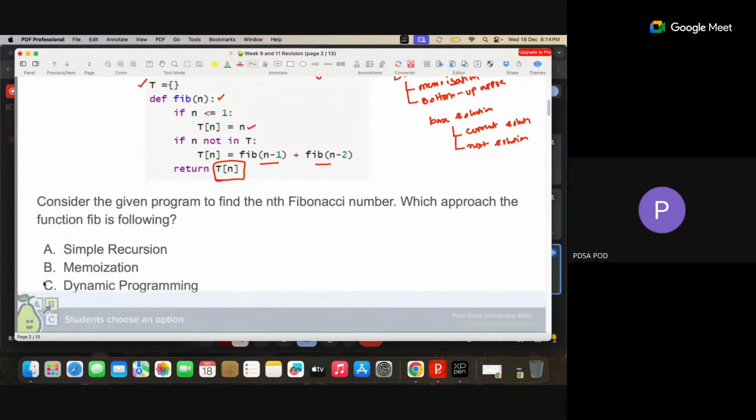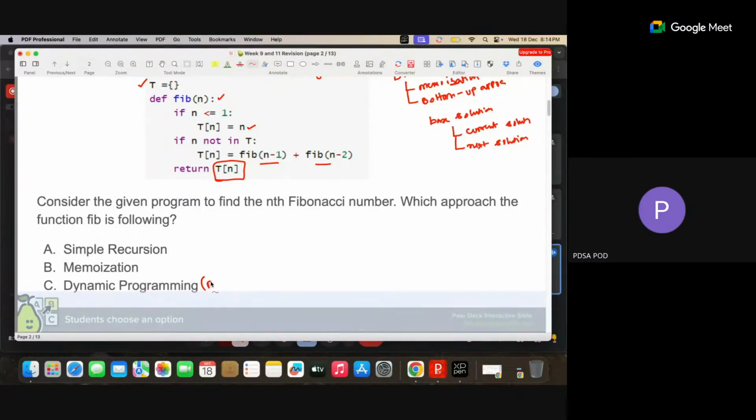Is it a simple recursion? Definitely no, because simple recursion doesn't store the results in any memory space. We don't use any dictionary. You just make the recursive call, so overlapping is happening. So dynamic programming is the option they have to give. Memoization is also dynamic programming.